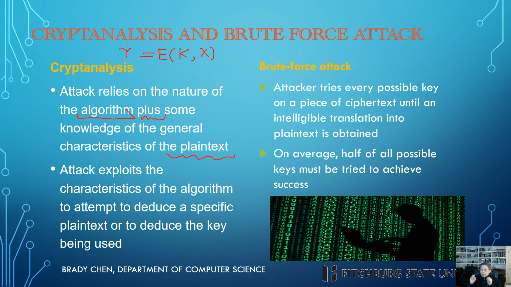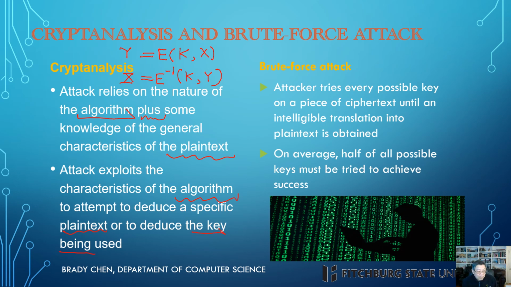Now in cryptanalysis, the attacker studies the algorithm or the function and tries to find the inverse function. Using math knowledge, we find the inverse function, E to the minus 1. The inverse function is going to use the key and the ciphertext, so hopefully we can restore the original message. So the attack exploits the characteristics of the algorithm to attempt to deduce the specific plaintext or deduce the key being used.